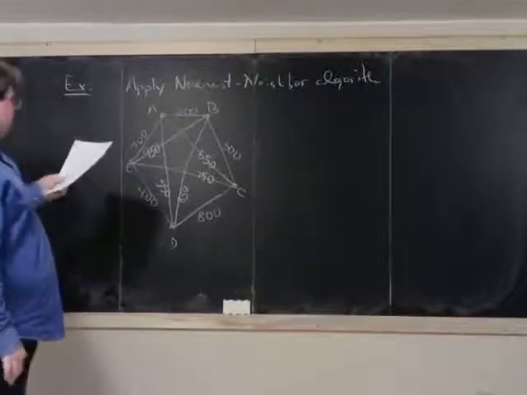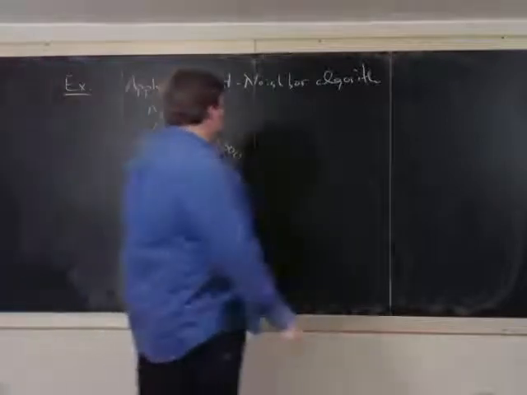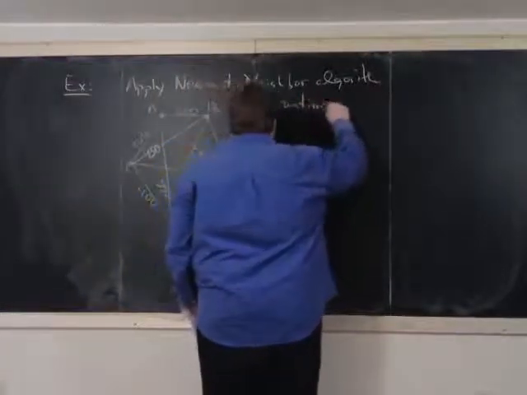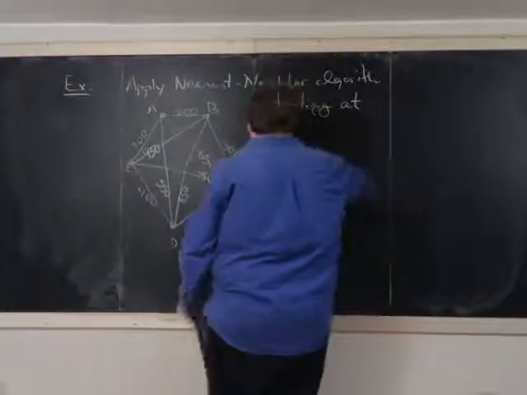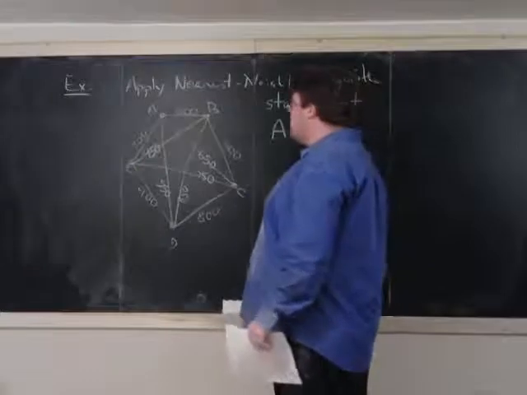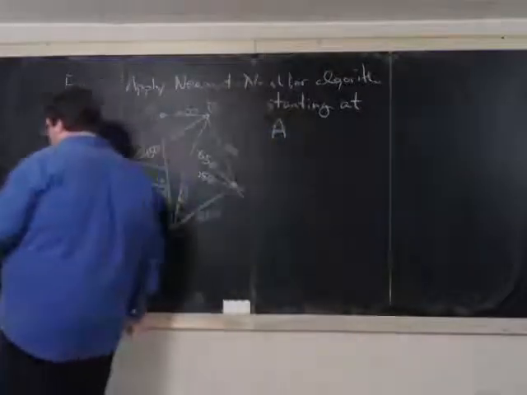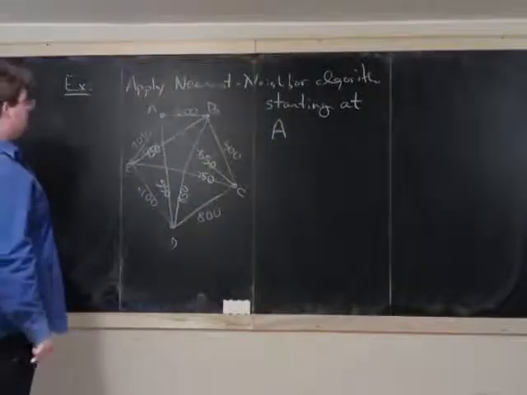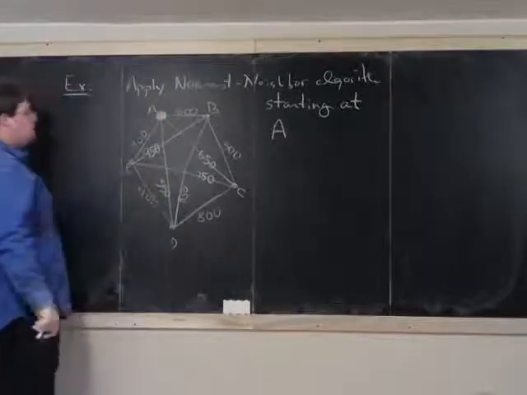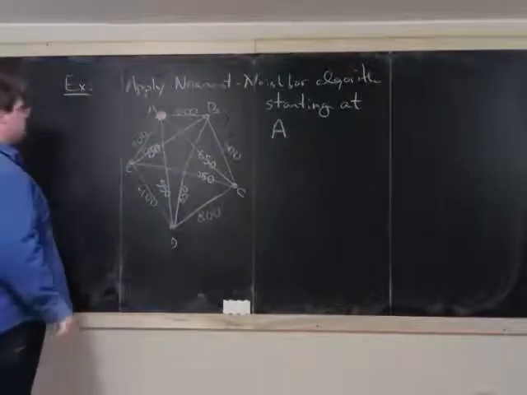Apply the nearest neighbor algorithm. We're going to, for this one, start at A. So you start at A. You want to go to the place that's closest in terms of these costs.